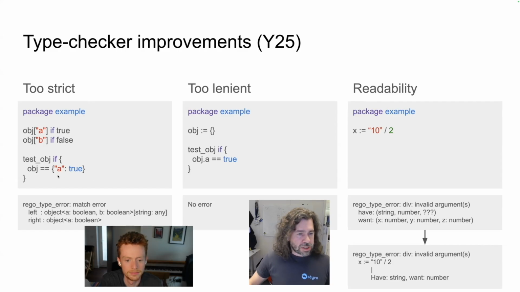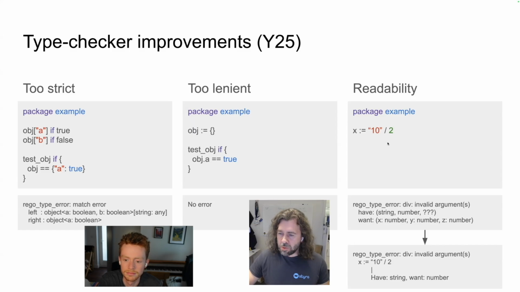The reason is very hard for people to grasp, and we want to fix this. The contrapositive example of that would be this example where we have an empty object defined and you're allowed to do references to fields in this object, and the type checker has no opinion of that. So these are two examples of two sides of the same coin where the type checker behaves in unexpected ways.